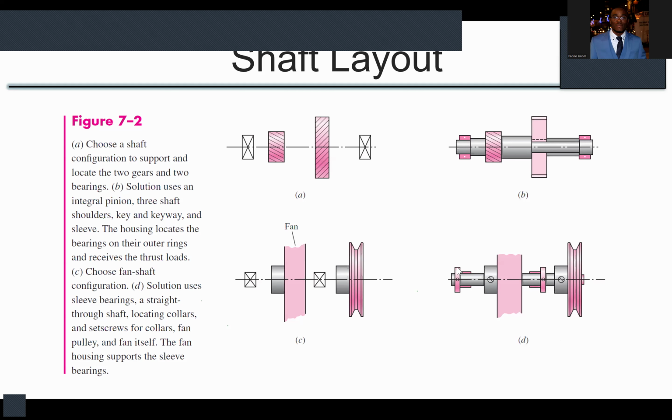I don't know exactly how the collar, the sleeve bearing works, but that looked like something that would attach. When we come to bearings, there are two ways: you can either fix the outer ring, so that one is fixed and the inner ring is allowed to rotate, or you fix the inner ring and the outer ring is allowed to rotate.